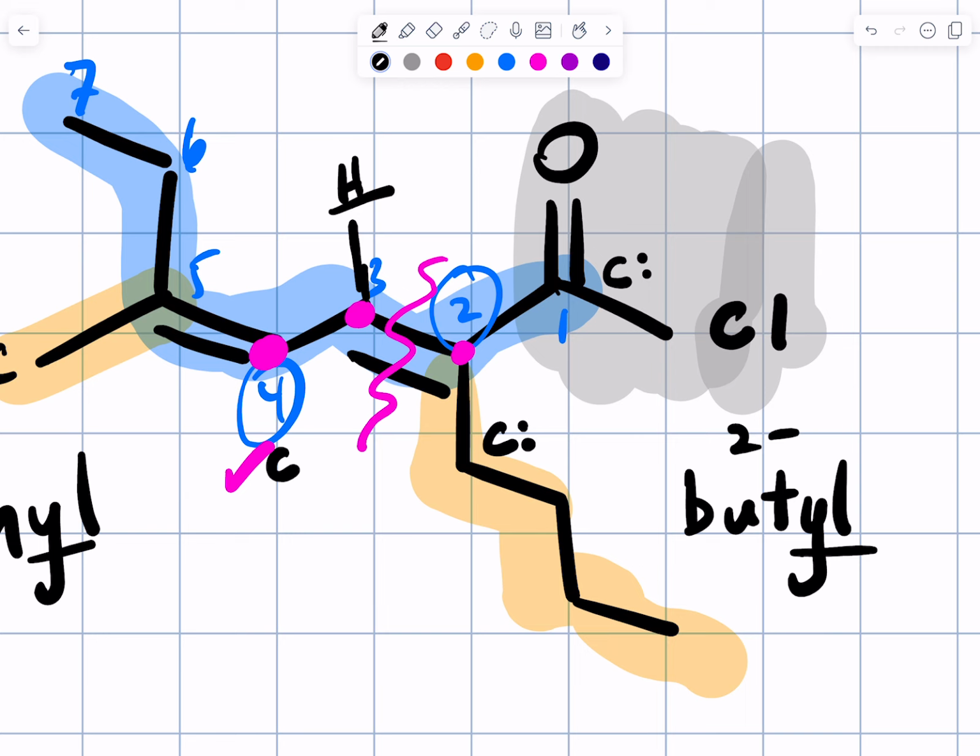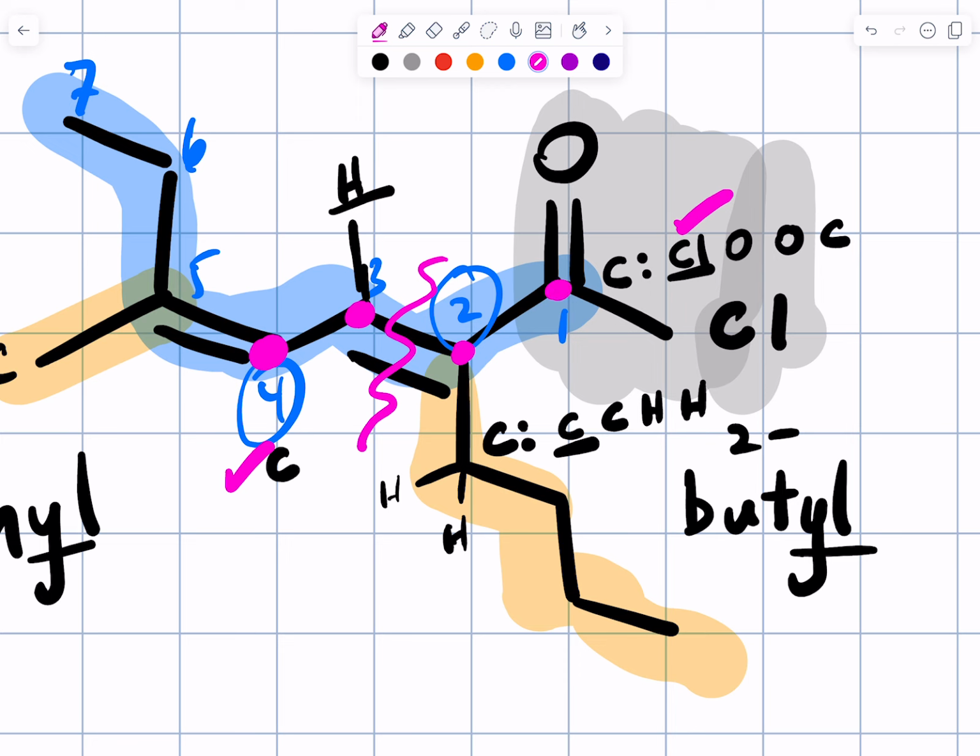Blue carbon 1 is attached, and I'm going to write these in order of weight, once to chlorine, twice to oxygen, and once to carbon. The carbon below is bonded twice to carbon and twice to hydrogen. So now in an atom by atom comparison, chlorine beats carbon, and we have a winner.